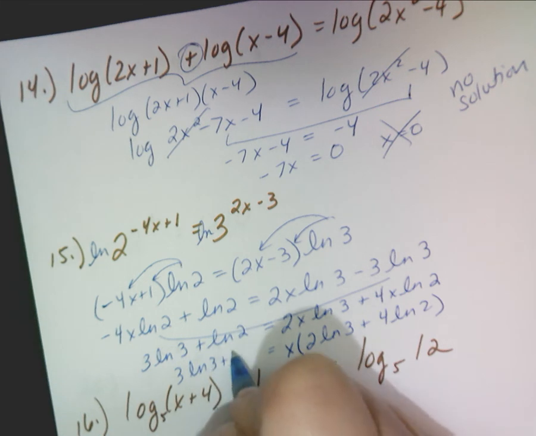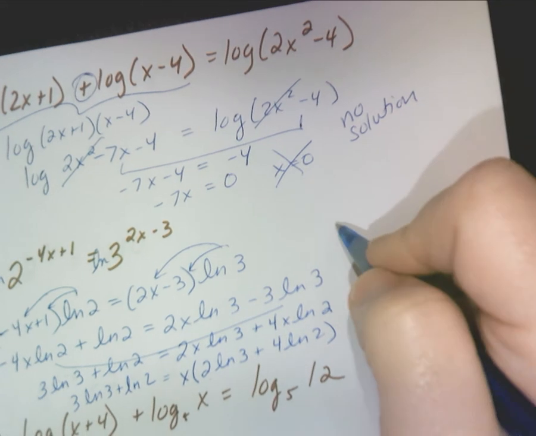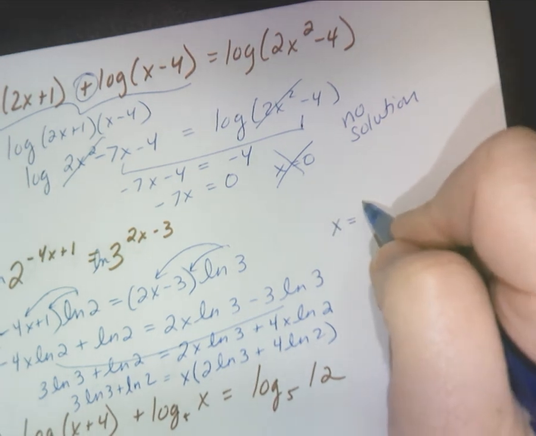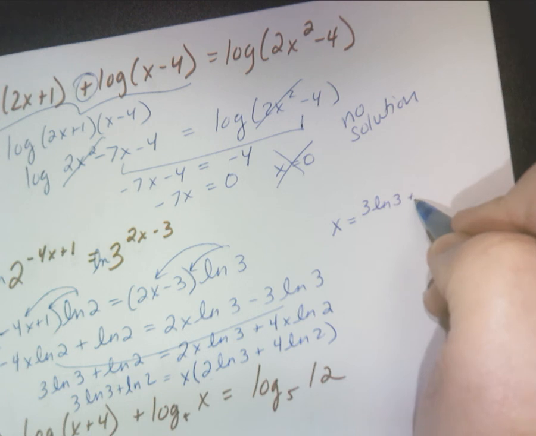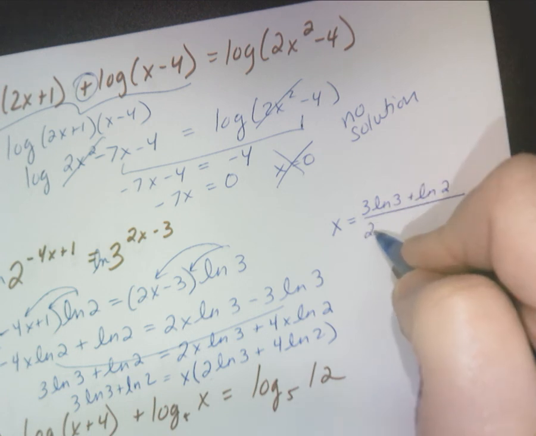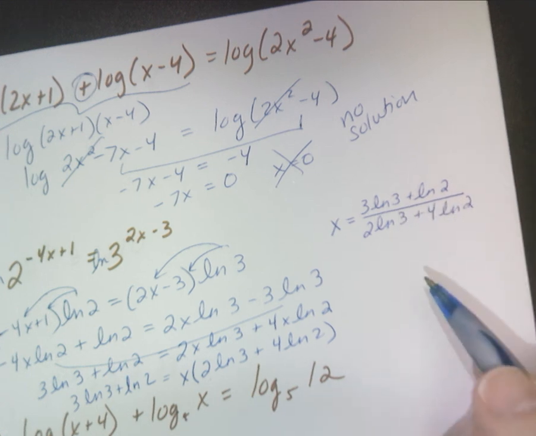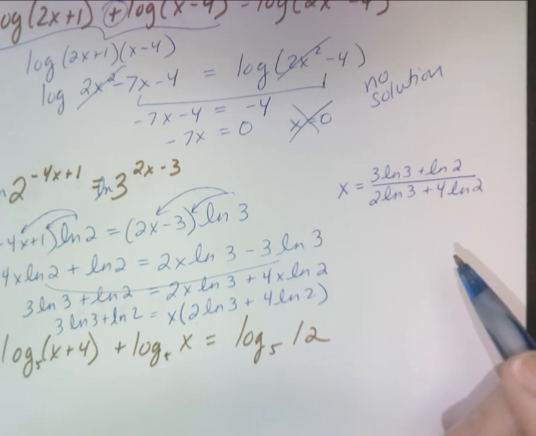And then I divide out that. So I would get x equals 3 ln 3 plus ln 2 divided by 2 ln 3 plus 4 ln 2. And again, you're going to want to put that in your calculator correctly.